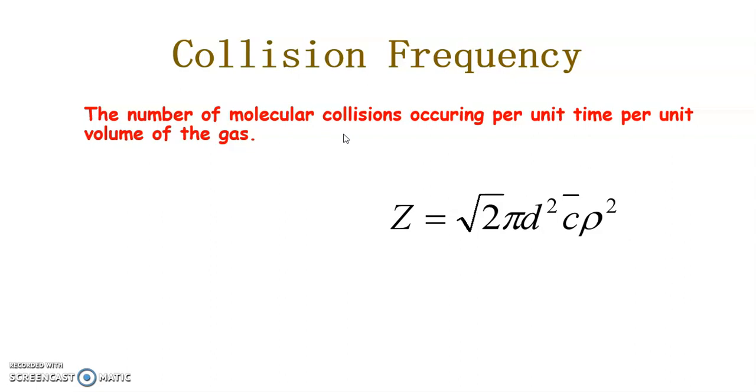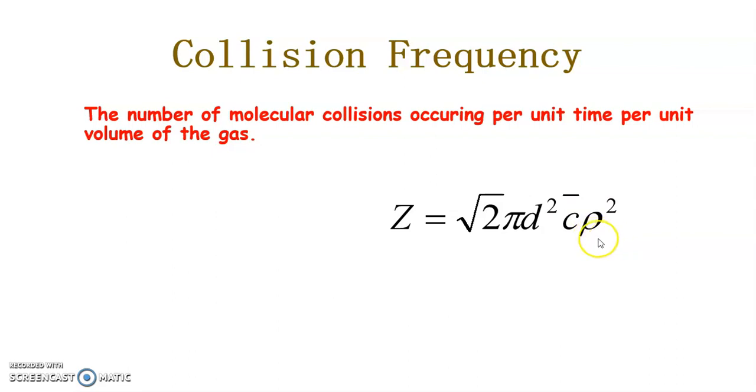Collision number is the number of collisions suffered by a single molecule. Since each collision involves two molecules, the total number of molecules colliding per unit time per unit volume will be root 2 pi d square C bar into rho square.